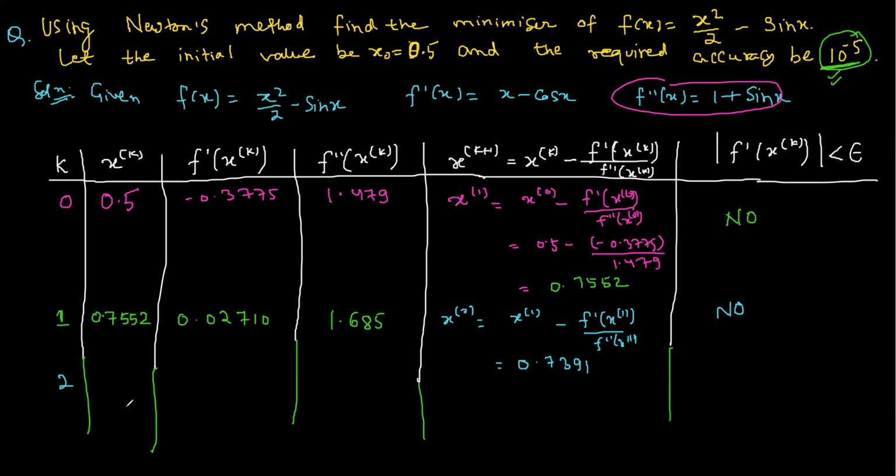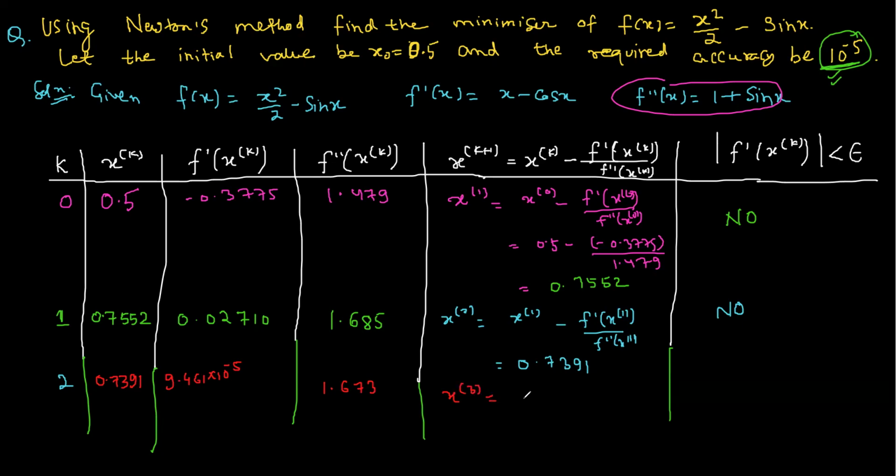Next iteration will be 0.7391. Okay, and when you put it here in f dash x, you will get 9.461 into 10 raised to minus 5. And when you put it here, you will get 1.763.